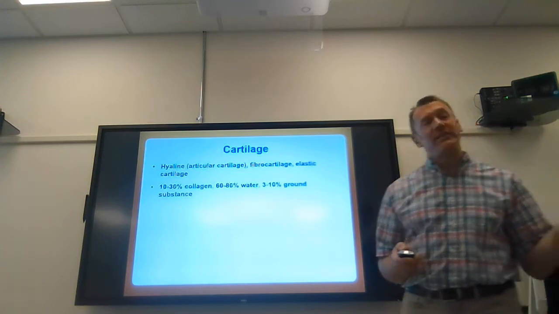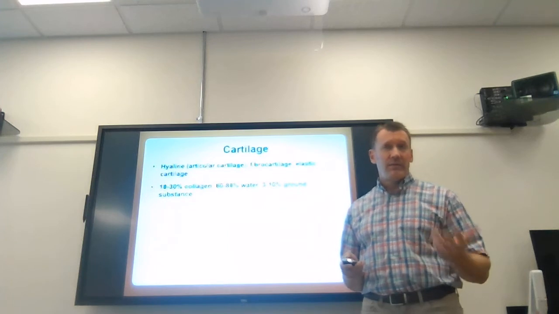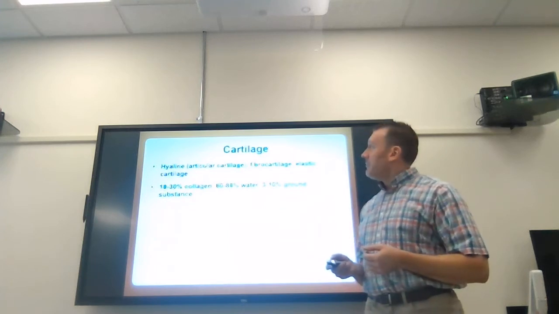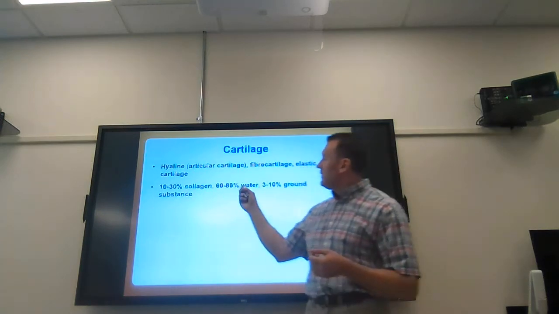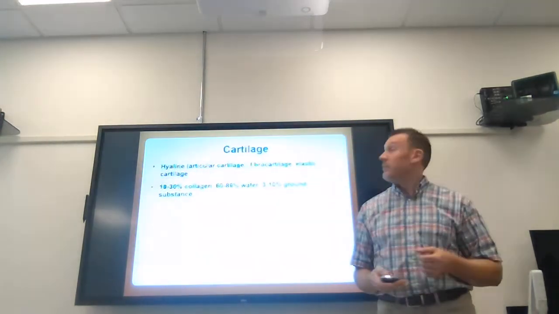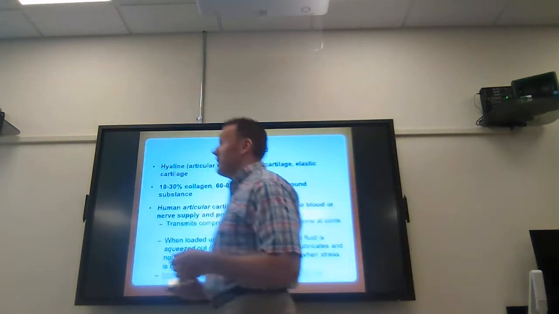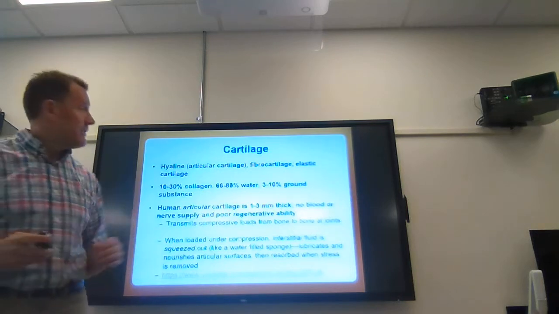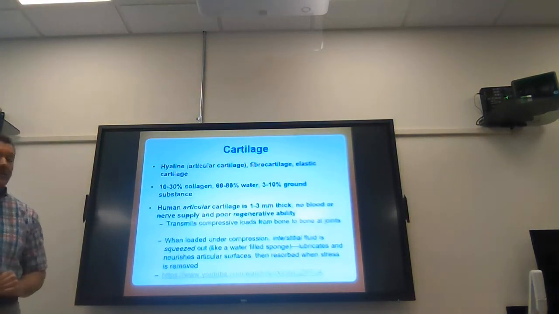So again, look at the composition: collagen, water, and ground substance. Cartilage has more collagen and water versus bone. Human articular cartilage is amazing. It's 1 to 3 millimeters in thickness.